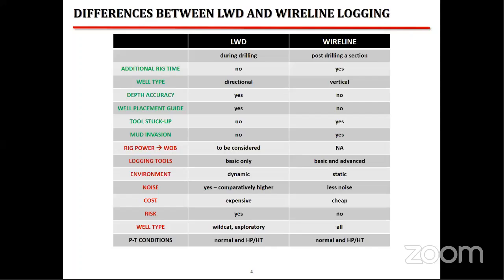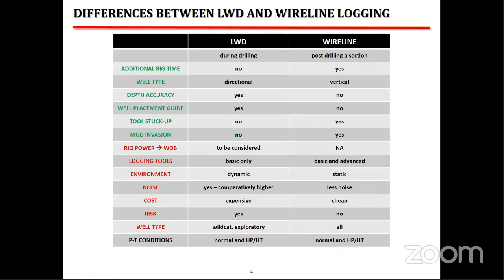Also, during the drilling phase, the borehole environment is constantly changing. That is, it is dynamic in nature, and hence the associated vibrations or movements produce more noise than in a nearly static wireline logging borehole environment. Based on all of these advantages and disadvantages, it is observed that LWD is more expensive and constitutes greater risk than wireline logging.